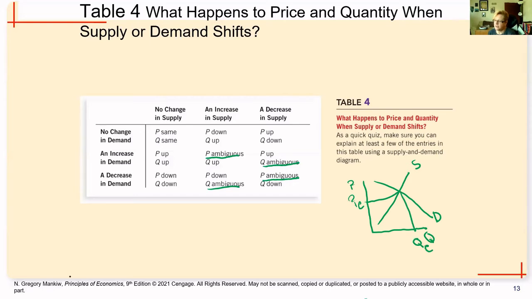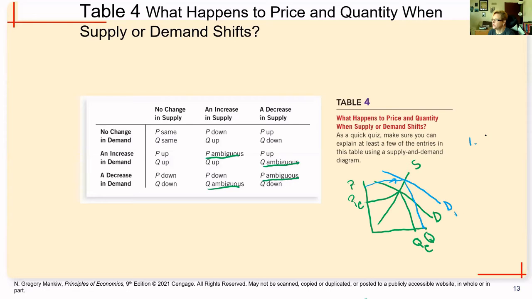We could have an effect of demand increasing. So now we'll go to blue. Demand's going to increase outward to the right. One thing I can say for sure is that price is going to go up. Yeah, that makes sense. And quantity is going to go up. So I can say that for sure.